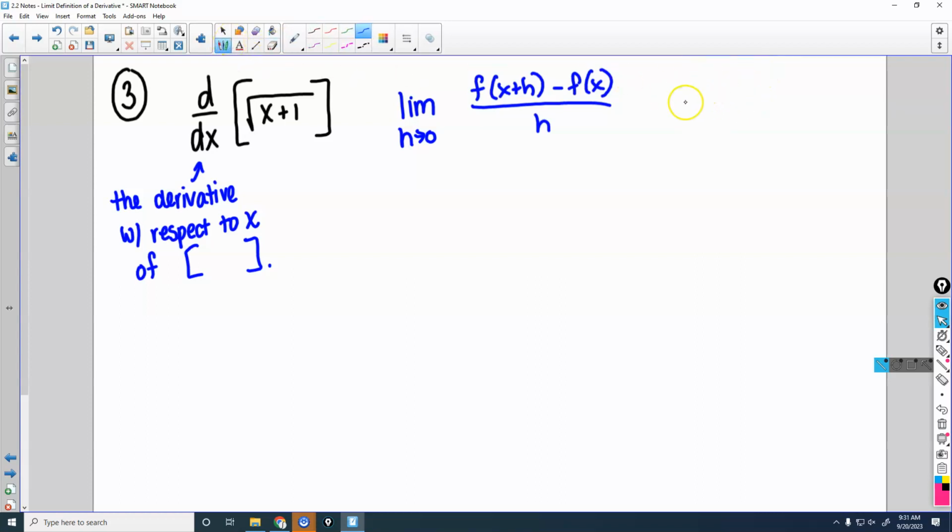F of x plus h is just square root of x plus h plus 1. Because we are just taking our x plus h and plugging it in right there for that x.